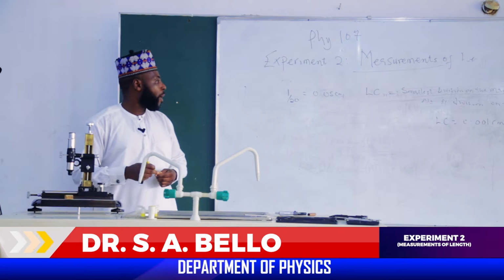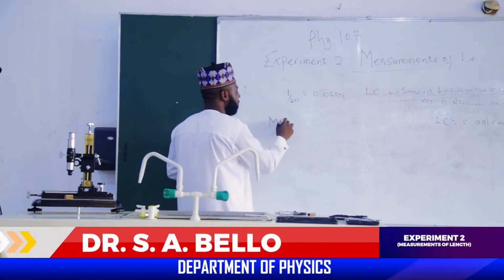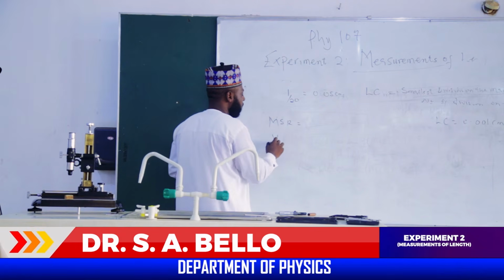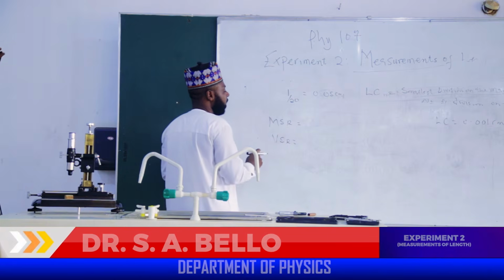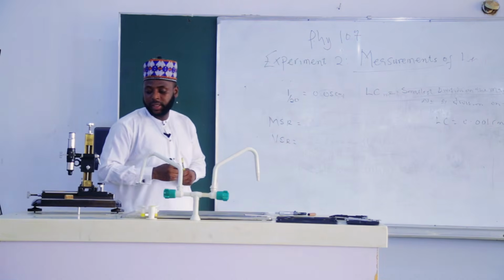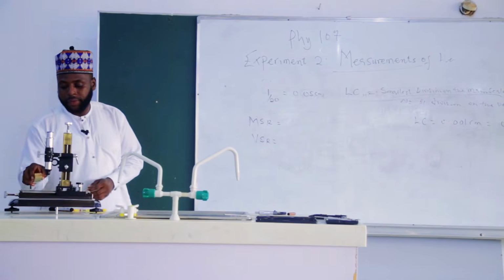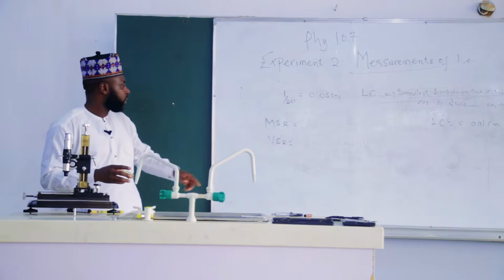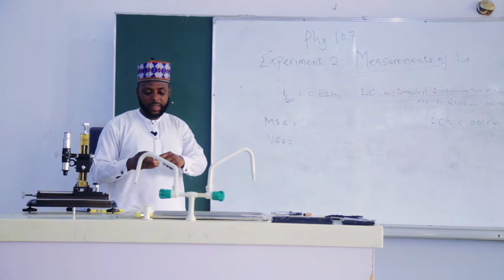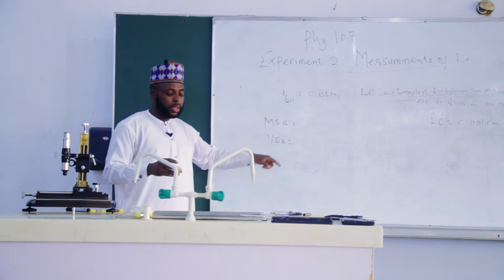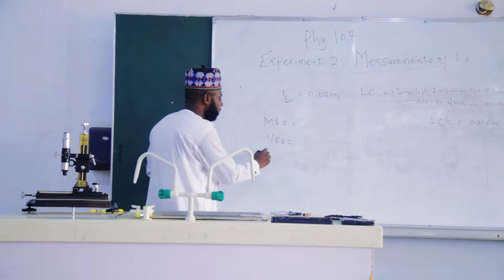Now that we know our least count, we want to get our MSR and we want to get our VSR. In this case, we need to find the reading on one side of the line to represent our main scale reading for the first side and the vernier scale reading for this same side, and we'll get the final reading.